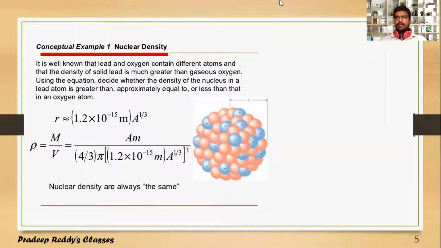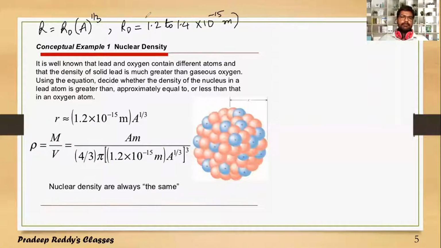Students, we have learned nuclear size, and when we are calculating nuclear size, you need to note that the radius of the nucleus R is equal to R naught into A power 1 by 3, and the R naught value is nearly equal to 1.2 to 1.4 into 10 power minus 15 meter.